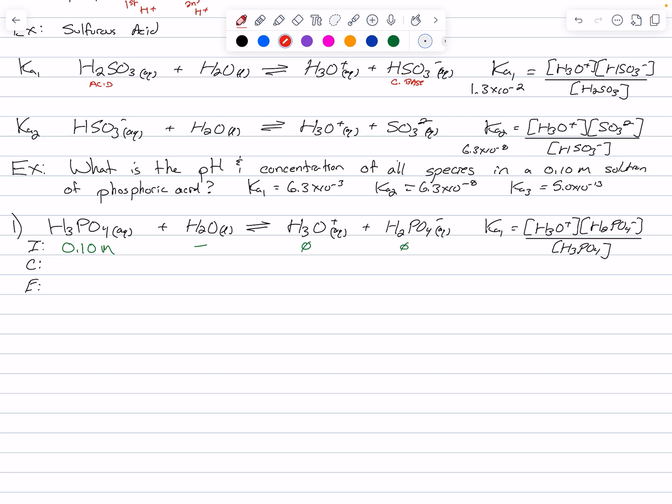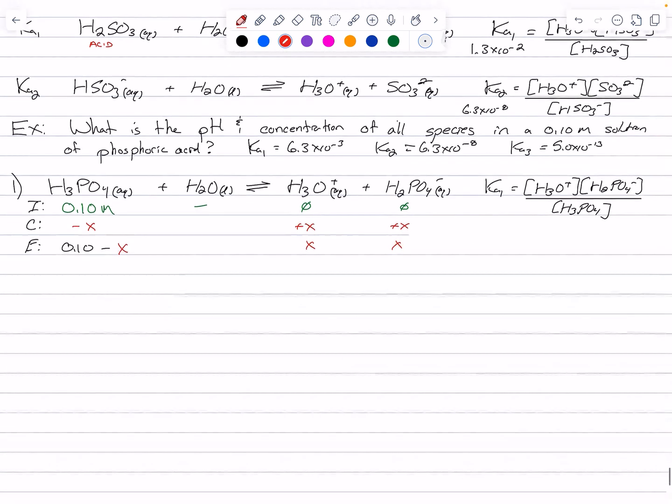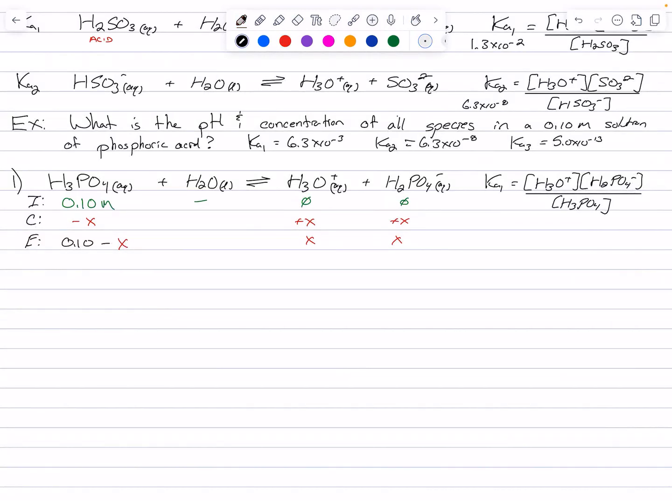Change: minus X, plus X, plus X. At equilibrium, I have 0.10 minus X, X, and X. Plugging in, we have 6.3 times 10 to the negative third equals X squared all over 0.10 minus X.